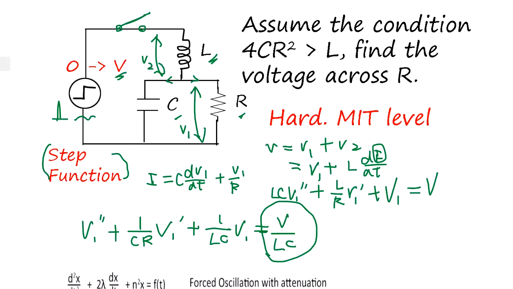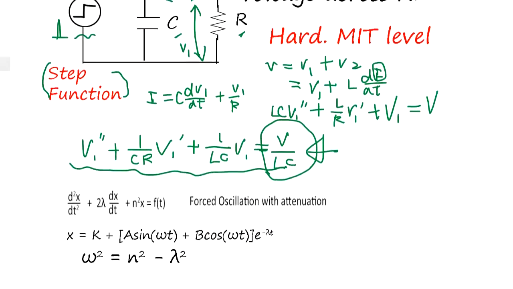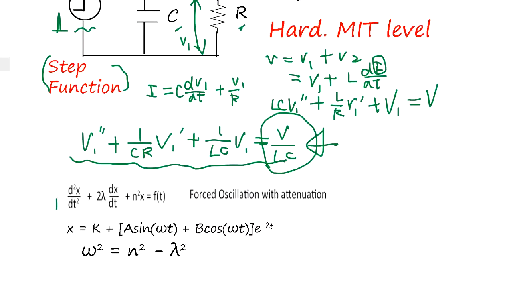It's a forced oscillation, and since this forcing function is simple, it's going to be attenuation. So in the oscillation section you run this. So here lambda is going to be 1 over 2CR, I'm sorry, CR, this guy, right?